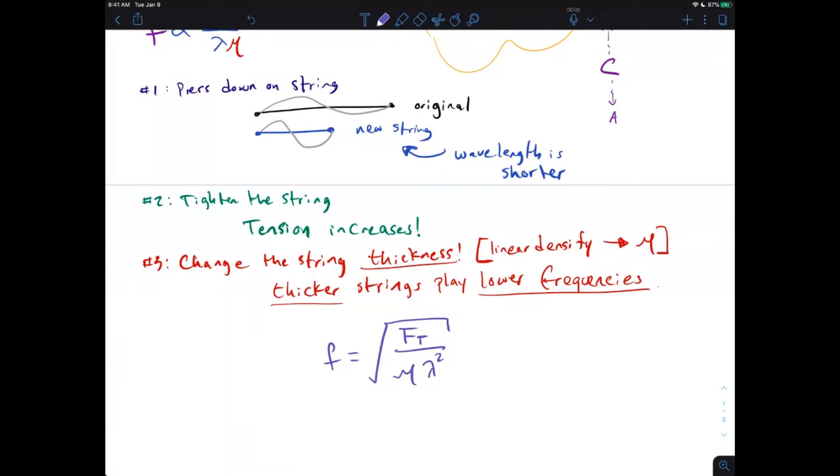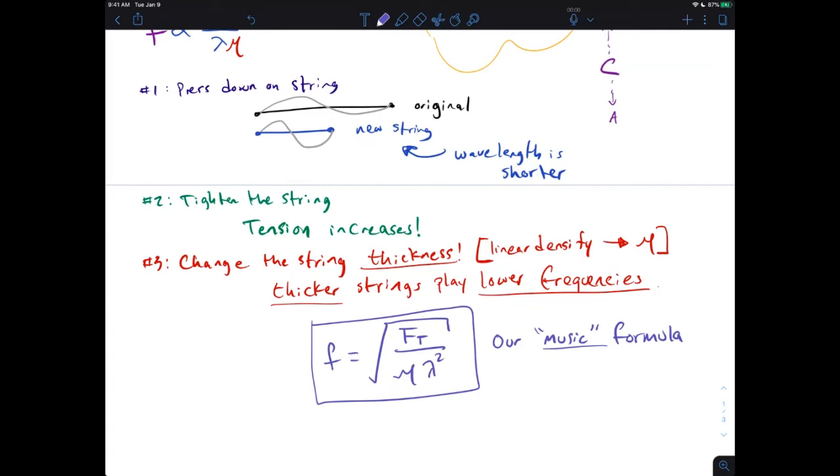There it is. We're going to call this our music formula, right? This is our music formula.